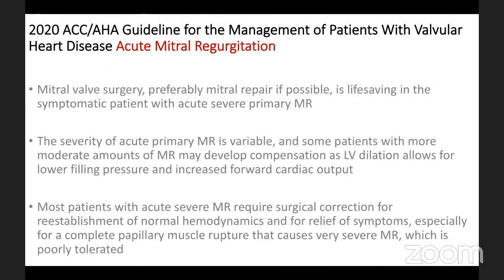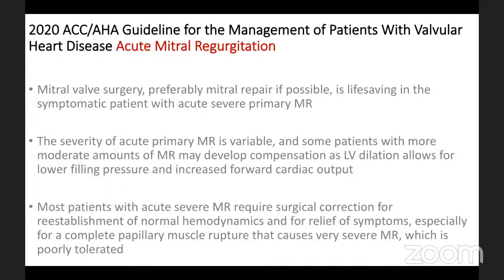In acute mitral regurgitation, mitral valve surgery, preferably mitral repair if possible, is life-saving in symptomatic patients with acute severe primary MR. The severity of acute MR is variable, and some patients with a more moderate amount of mitral regurgitation will develop compensation as the LV dilates, allowing for lower filling pressure and increased forward cardiac output.